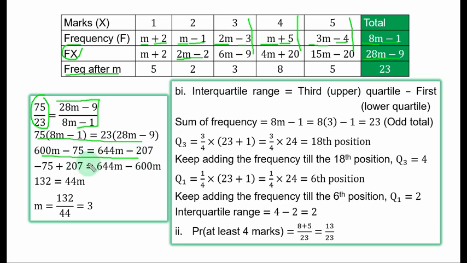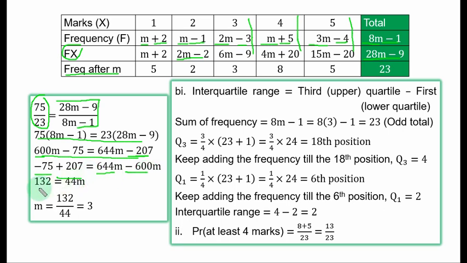Collect like terms. So here we are moving 600m to the right hand side. So you have minus 75. You have to transfer in this constant, becomes plus. So you have 644m here. You move in 600m, it becomes minus 600m.